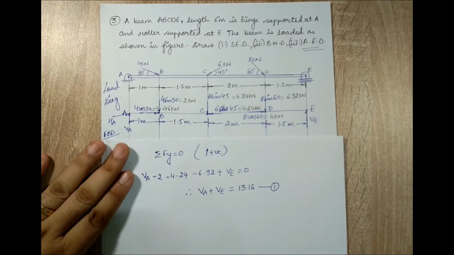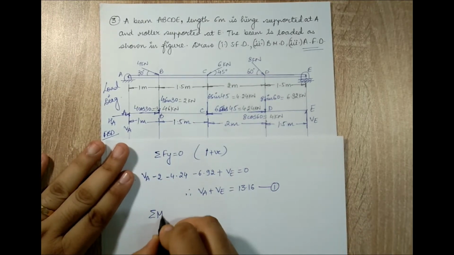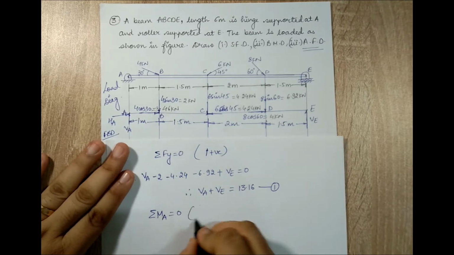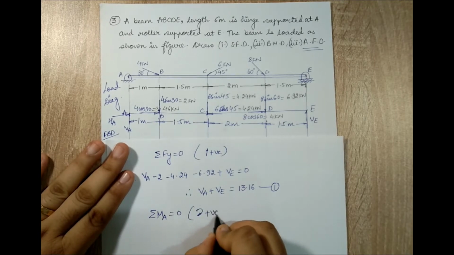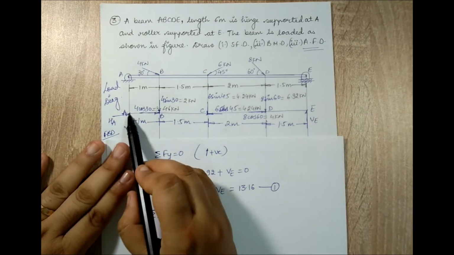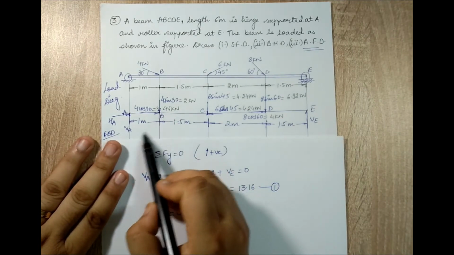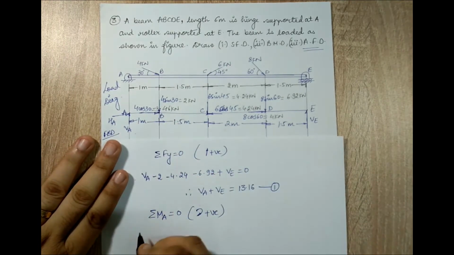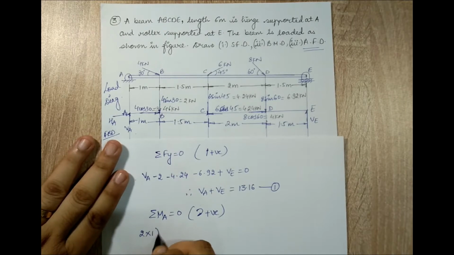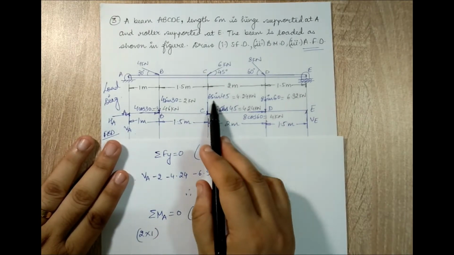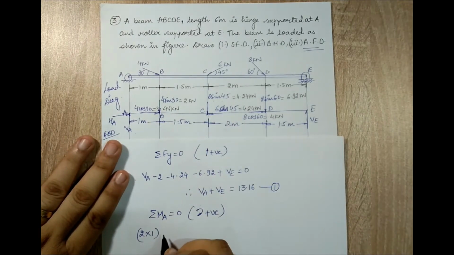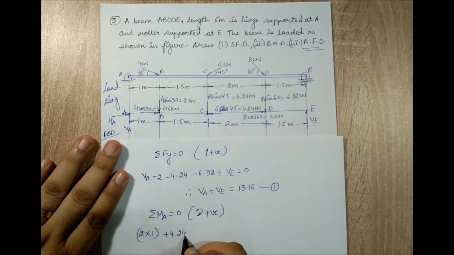For the next equation, I'll take summation of moment about A is equal to 0. I'll assume clockwise direction as positive. So about A, first I'll turn 2 kilonewton, which is going to turn clockwise. So I'll have 2 into 1. 6 sin 45, which is 4.24, is also turning clockwise. So I'll have plus 4.24 into 2.5.